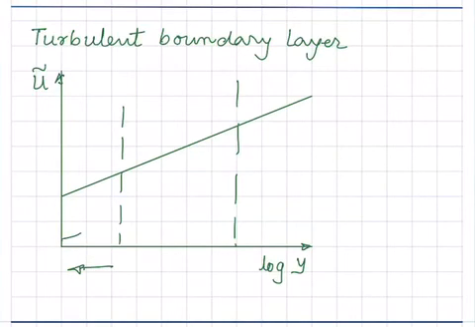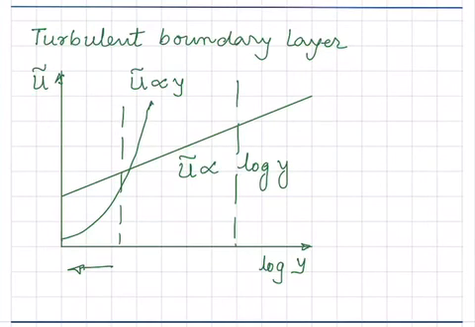So it turns out that it behaves something of this sort. This line is u proportional to y. The next line that I've drawn is u proportional to log of y.